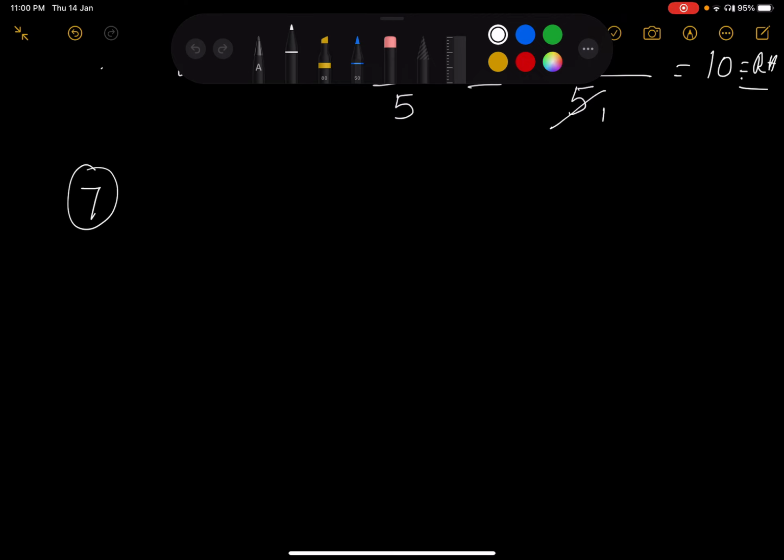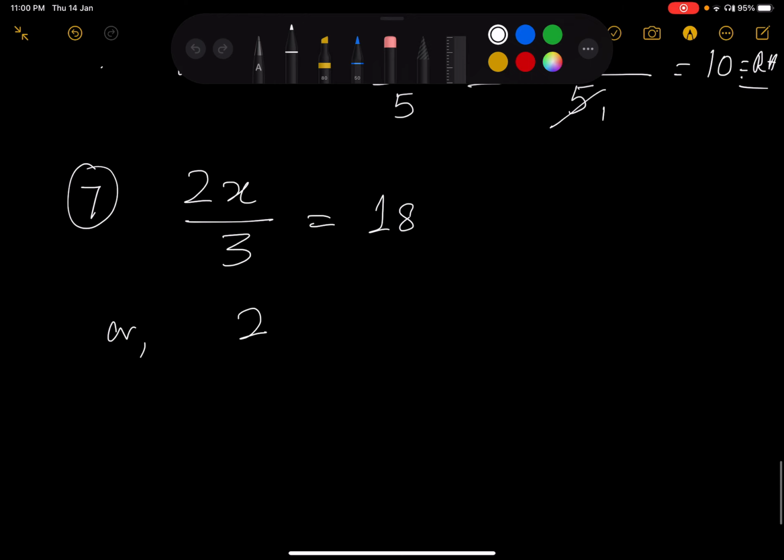Now seventh problem, for example, one more problem, 2x by 3 is equal to 18. So here you can see we can write like this, 2x by 3 is equal to 18 by 1.